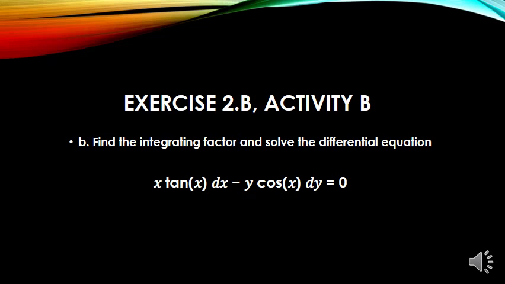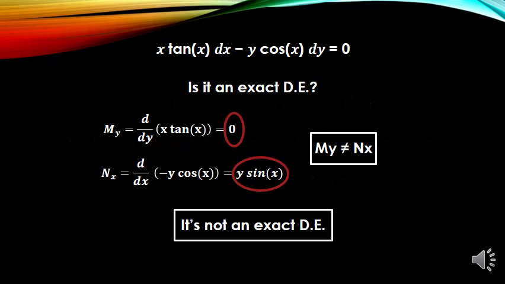Letter B. Find the integrating factor and solve the differential equation: x tan(x) dx - y cos(x) dy = 0. First, we use the form ∂M/∂y = ∂N/∂x to check if our equation was exact.